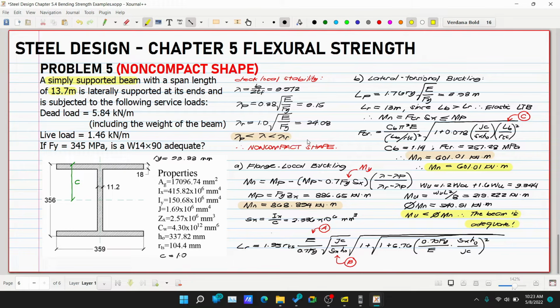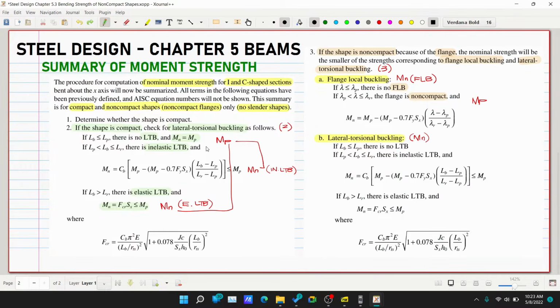Ayan, so napakasimple lang, di ba? Ang pinagkaiba lang kasi nila sa compact is ang ginamit natin dito is flange local buckling and lateral torsional buckling. Kasi kapag compact, nakafocus lang tayo sa lateral torsional buckling.